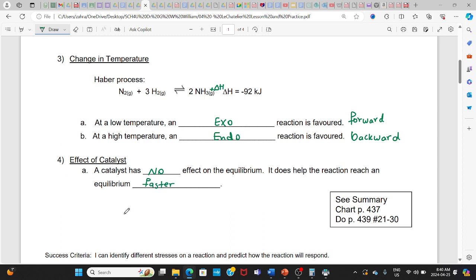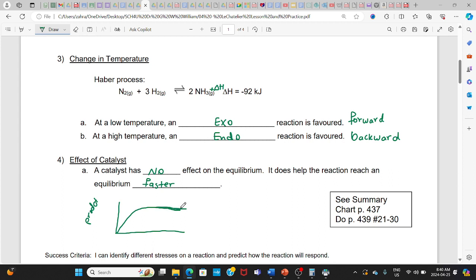I'm going to put a picture here. Let's say this is what you have: here you have product. At the beginning, you do not have any, right? So the product increases, and then after some time, it will be constant.